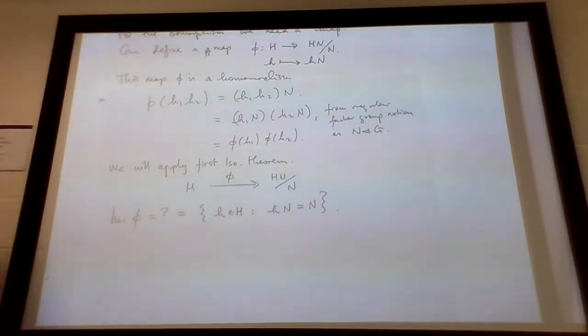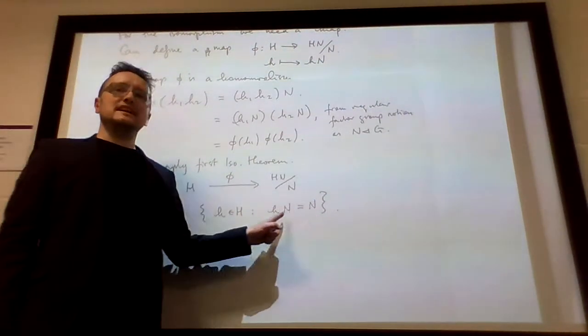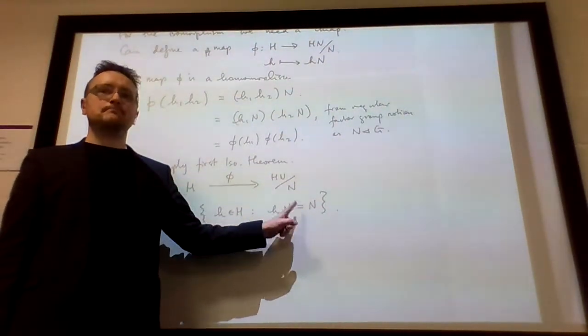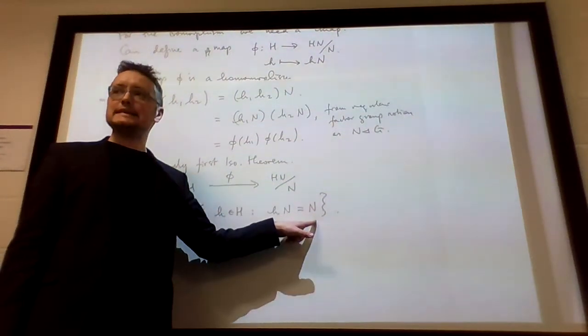Which little h's have this property? When is a coset of N equal to N itself?